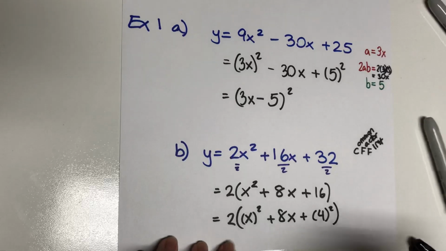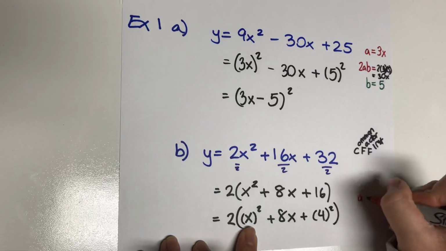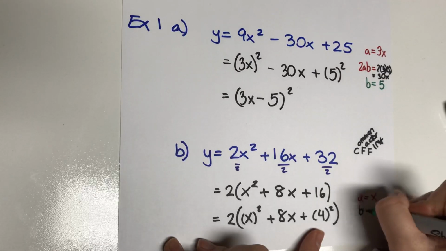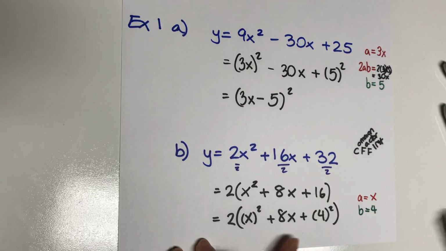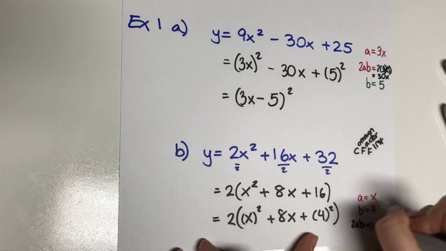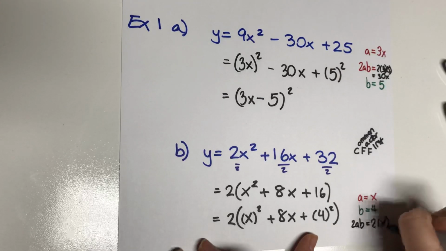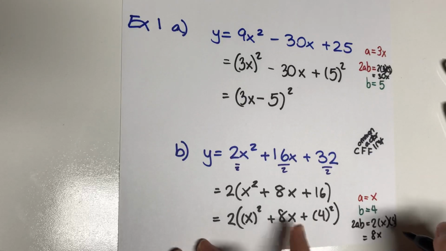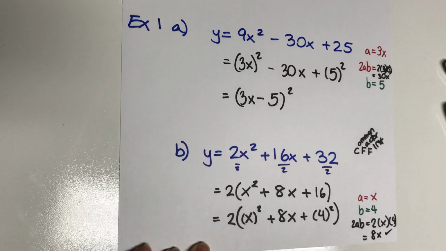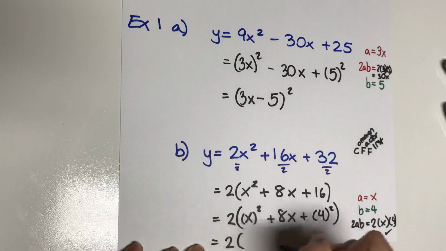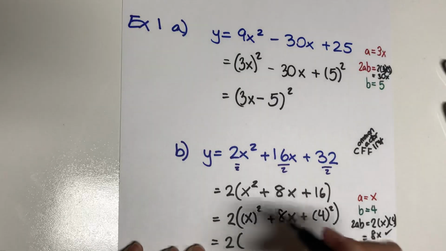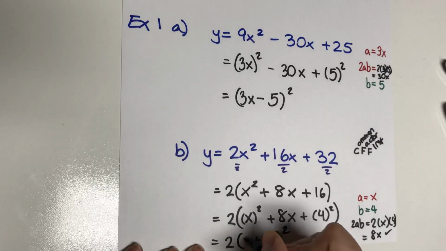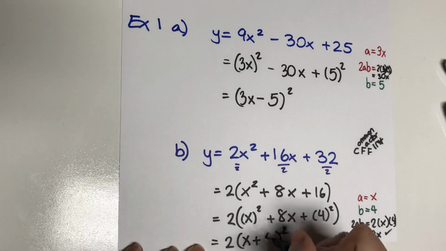So that means my a is x, my b is 4, and my 2ab is 2 times x times 4, which gives me 8x, which is my middle term, so I'm good. So I can factor it. This is going to be plus, and I'm going to fill in x and 4.